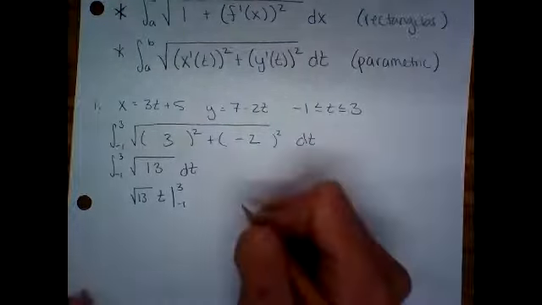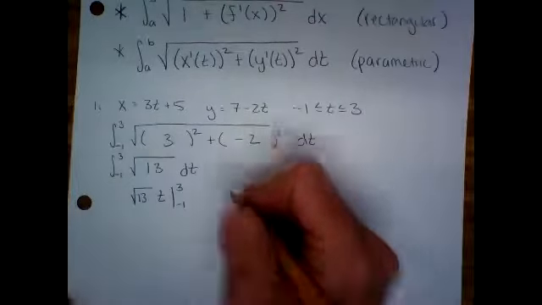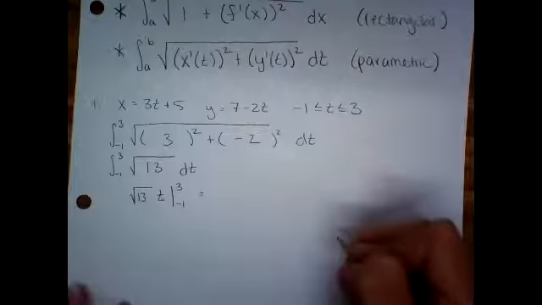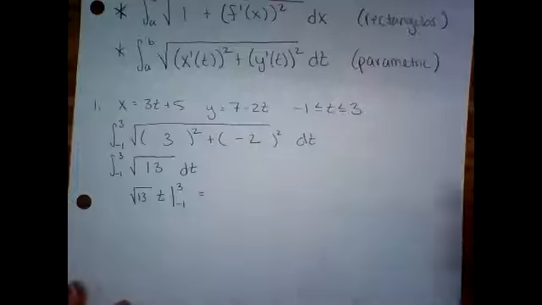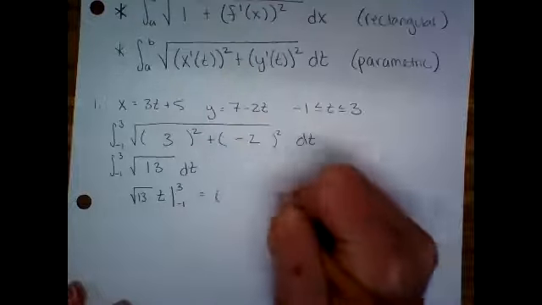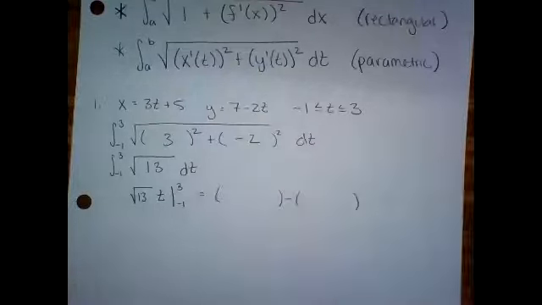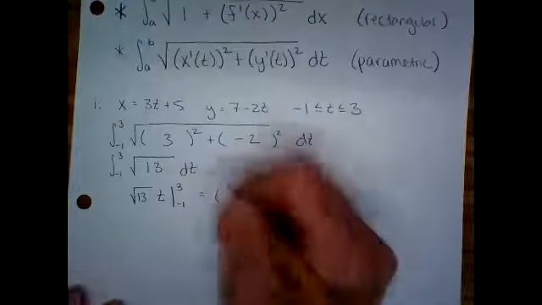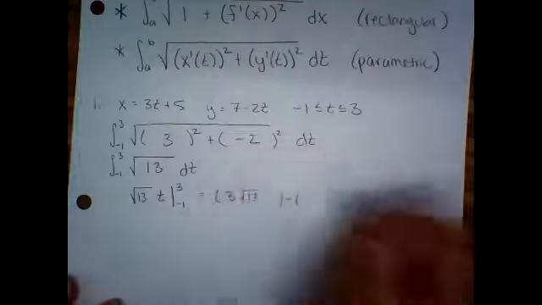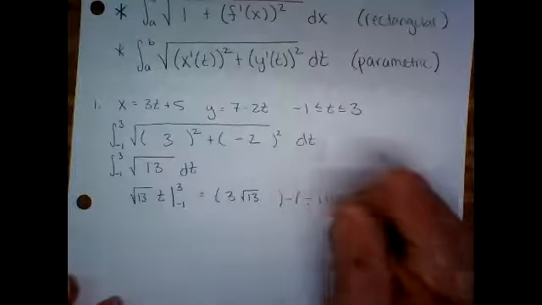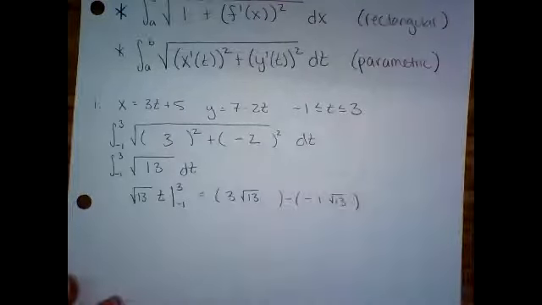What's that? Oh, did you use up the whole sheet? Okay, well, I kind of did too. All right, so upper boundary minus lower boundary. Plugging in 3, it would be 3 square root of 13 minus -1 square root of 13.